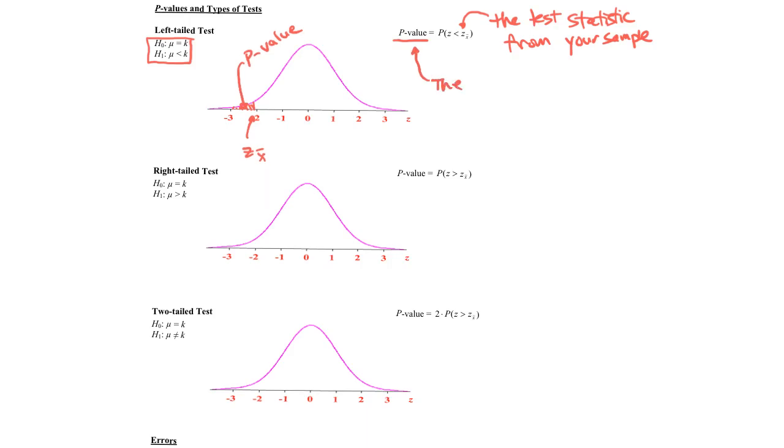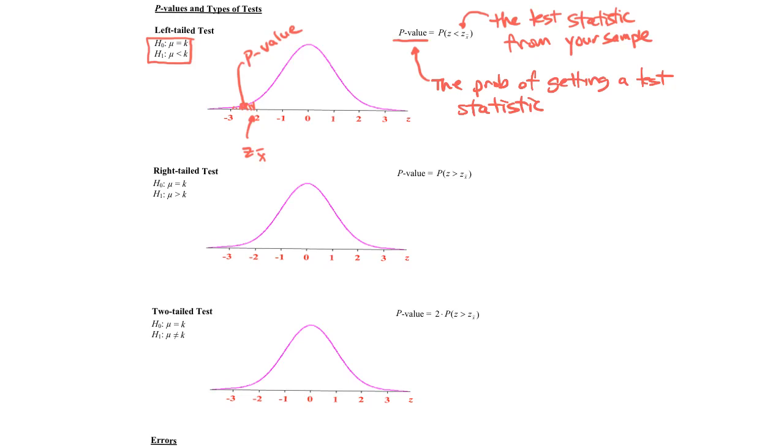It is the probability of getting a test statistic as low or lower than x bar. A test statistic is like the sample test statistic. It's just that x bar value that we got from our sample.